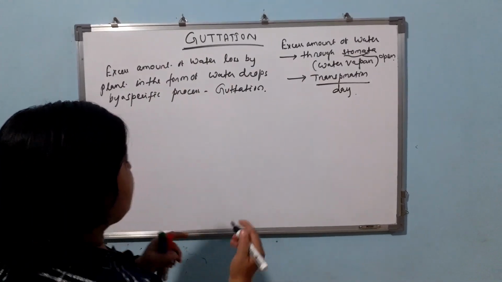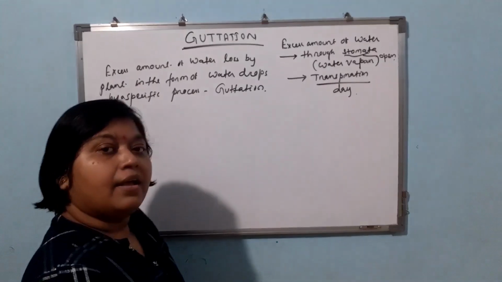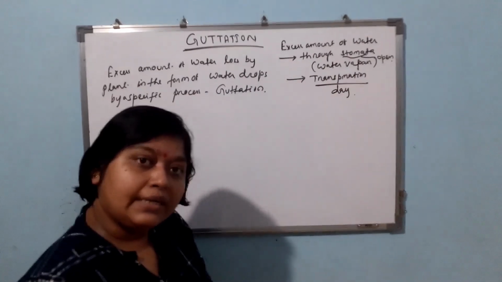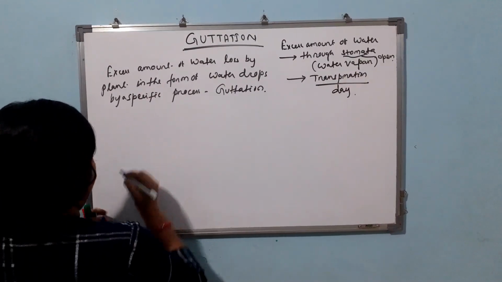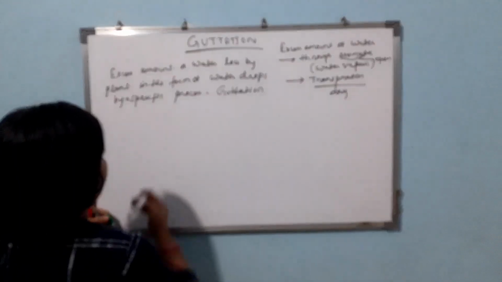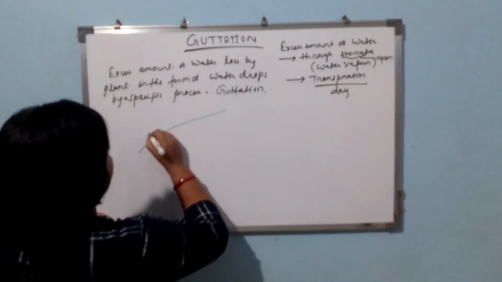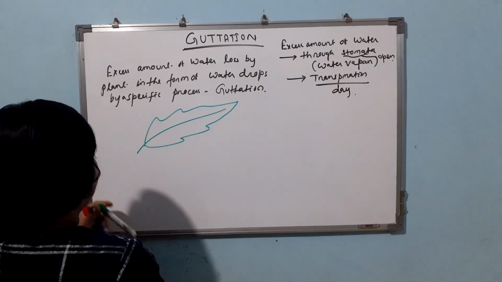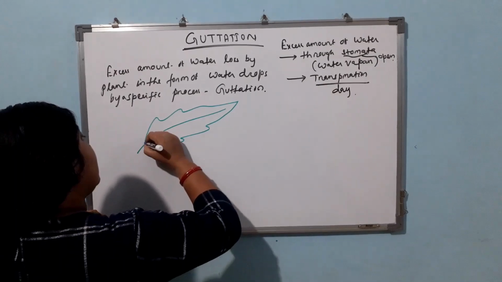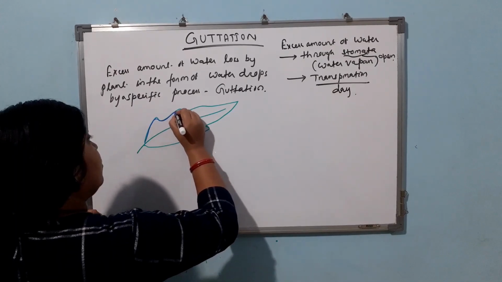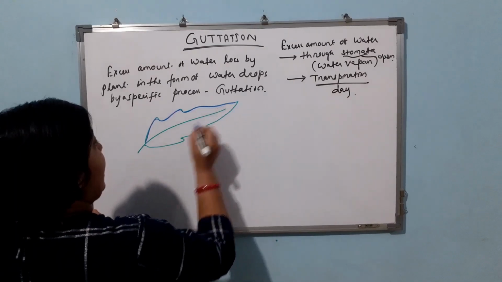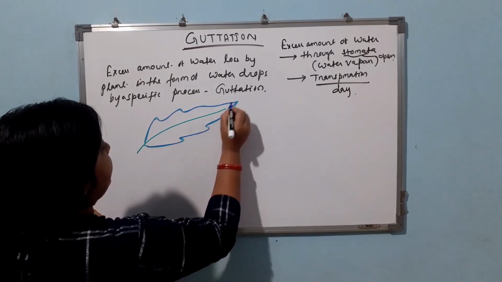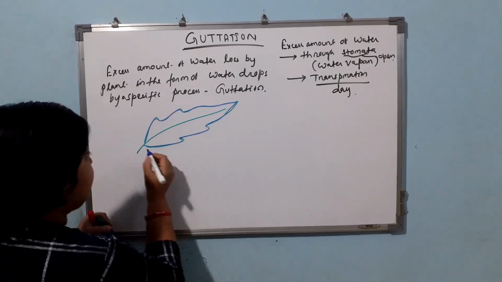These water drops appear at the marginal part of the leaves of certain plants. Suppose this is one leaf. At its marginal part, water droplets appear in the early morning, after a cool night following hot days.